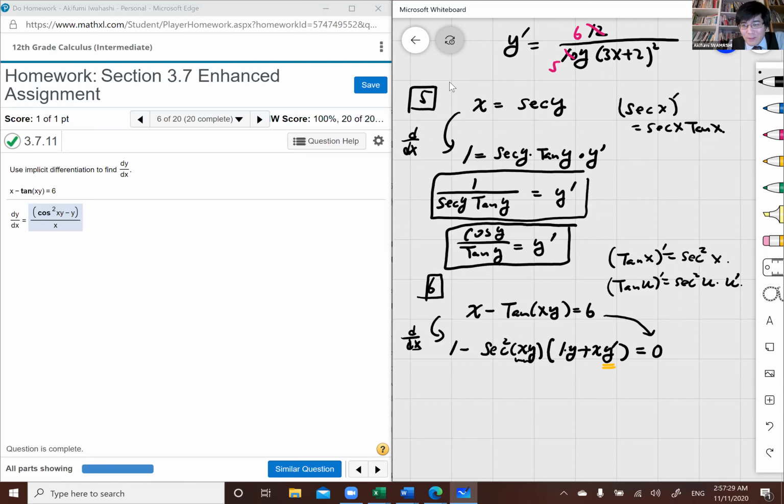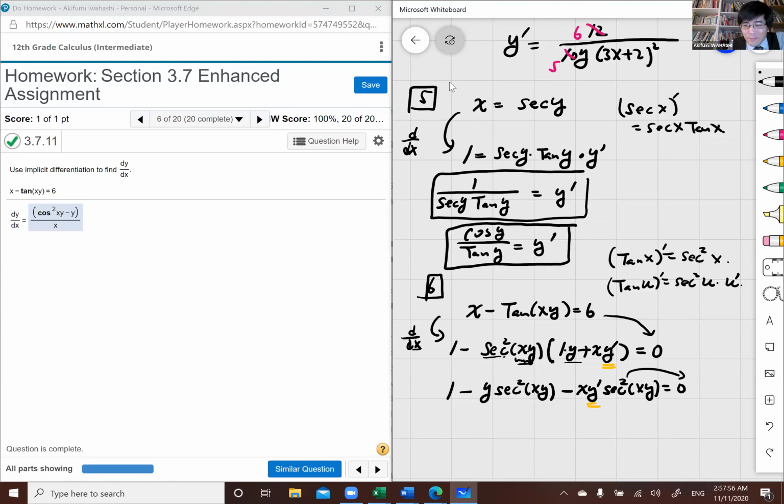Please note, xy is inside the secant function, but this parenthesis is not. So after expanding it, you basically get y times secant square of this angle minus x y dash times secant square of xy, and that's equal to 0. And we are solving for this. So let's move this expression to the other side.